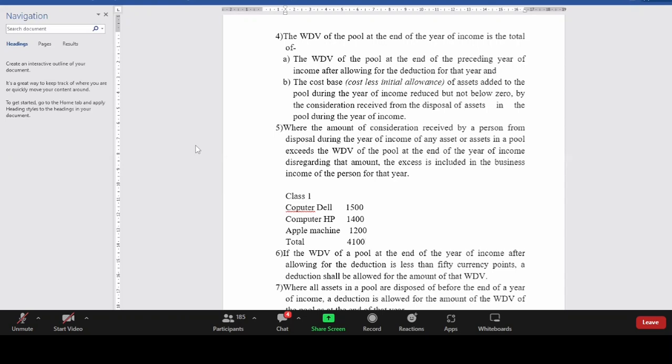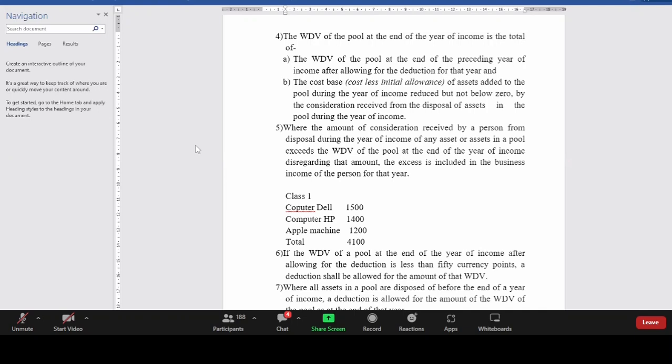Now after that, if I go back and read for you, where the amount of consideration, which is the sale proceeds, what you get from sale, received by a person from disposal in the year of income of an asset, or assets in the pool, exceeds the written down value at the end of the year of income, disregarding that amount.